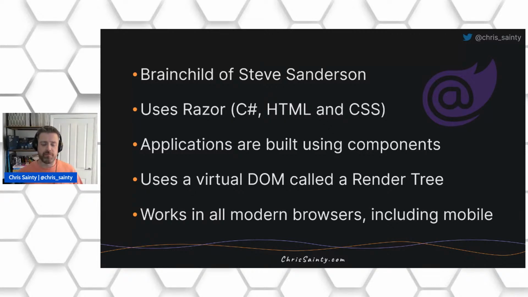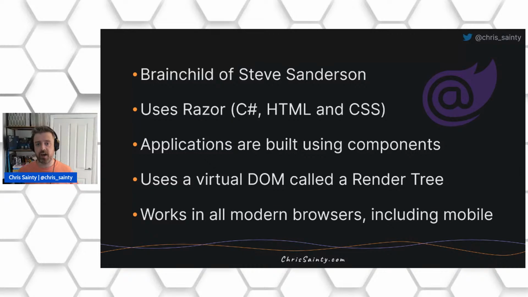Again, like other front-end frameworks, Blazor has a concept of a virtual DOM. Virtual DOMs are quite important in SPA-like applications because applying lots and lots of updates to a physical DOM is an expensive operation. So the way we get around this is to perform those operations against a virtual DOM in memory.